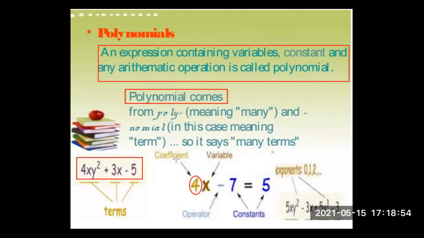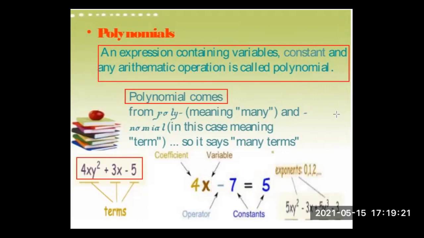So any digit before a variable, next you can see x. So any digit before a variable we can consider as the coefficient of that variable, and here our variable is x. So keep in your mind that before a variable, if any digit is there, that one we can call the coefficient of that variable.